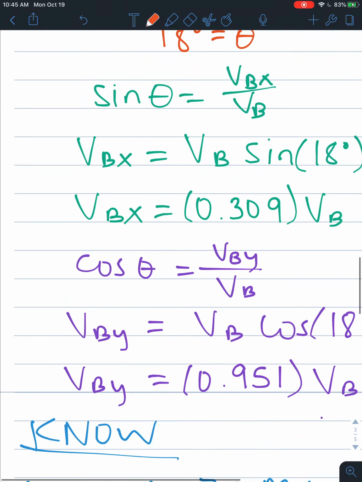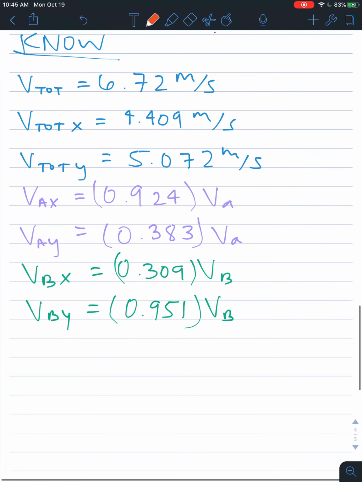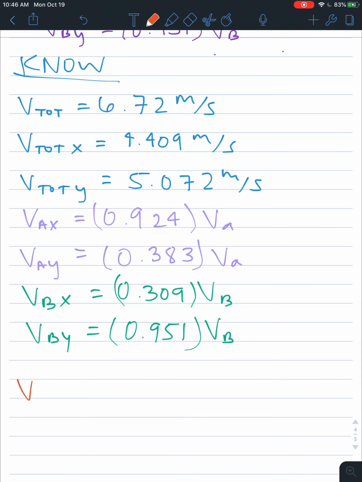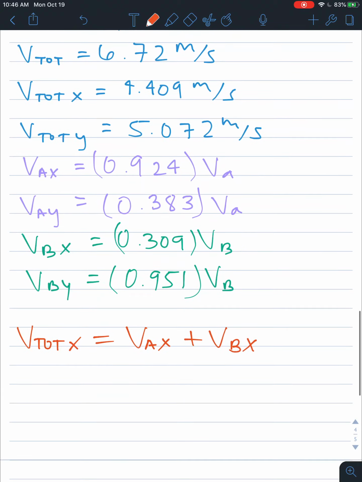So, scrolling all the way back down, we can say that we know V tot x equals VAX plus VBX. V tot y equals VAY plus VBY.